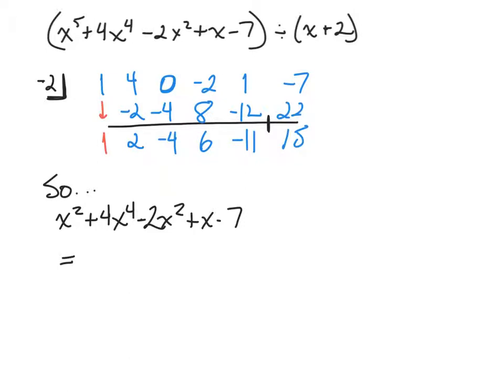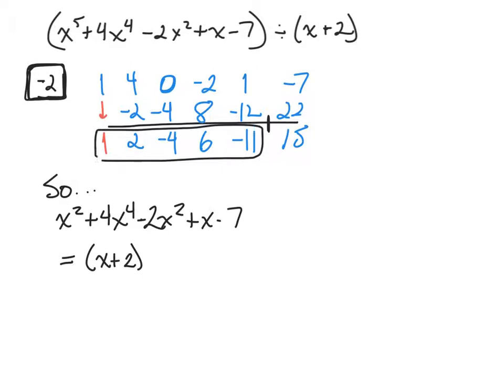That can be rewritten as, from our negative 2, that's x plus 2. From this big long string of numbers, that's going to be 1x to the 4th plus 2x to the 3rd minus 4x squared plus 6x minus 11.